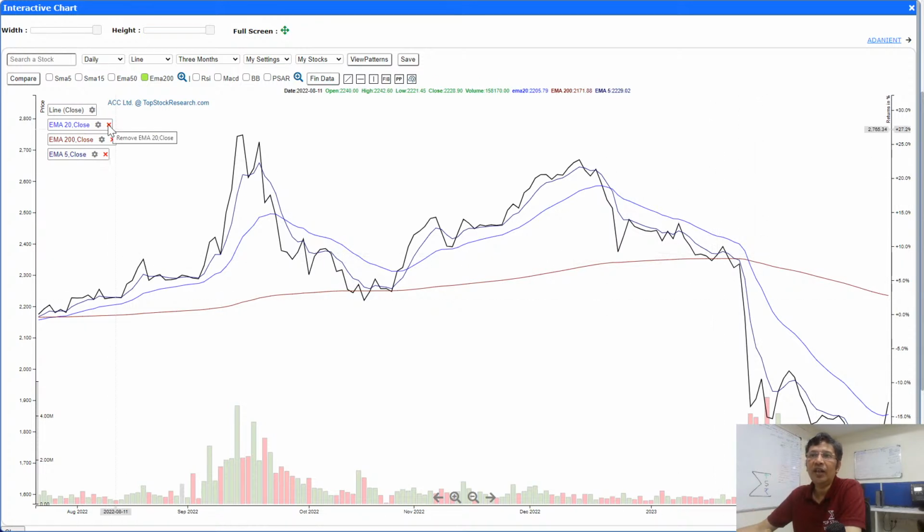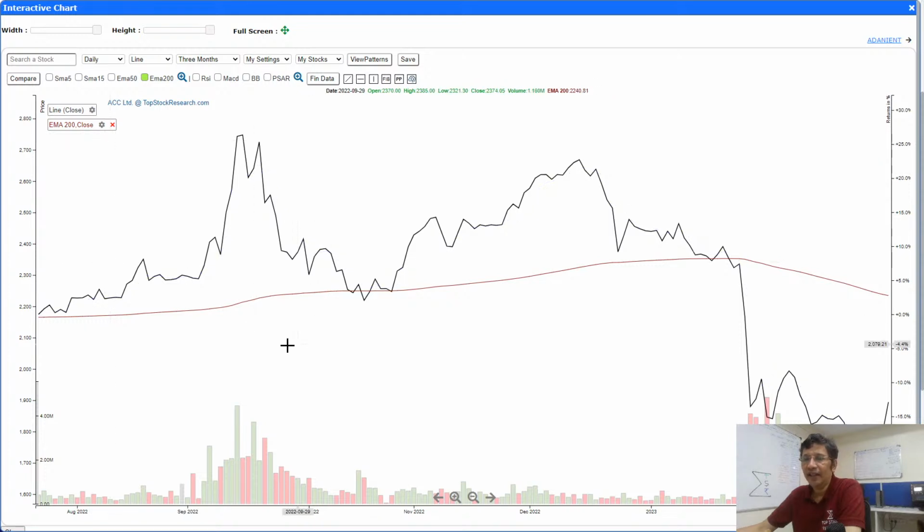Now, removing some of the other moving averages, you'll see that even for the 200-day moving average there were small breaches here. These are generally called fake breakouts. So you should also be looking at whether it is a fake breakout or a proper confirmation. If you're looking at a long moving average, then you should definitely look for confirmation over the next couple of candles.